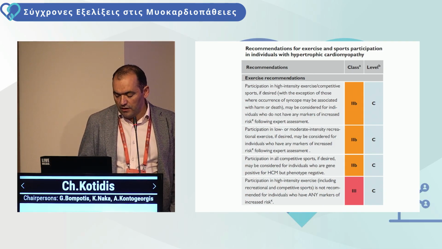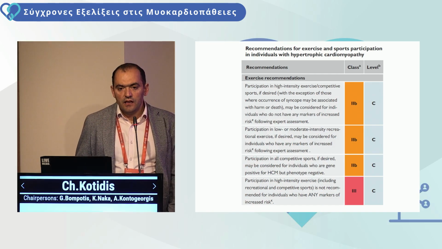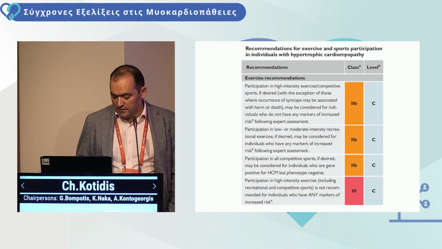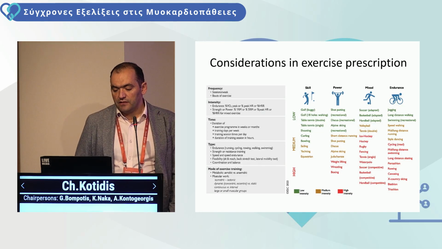But we should pay attention to this part: participation in low or moderate intensity recreational exercise, if desired, may be considered even in patients with increased risk. And this comes after intensive investigation of this patient.